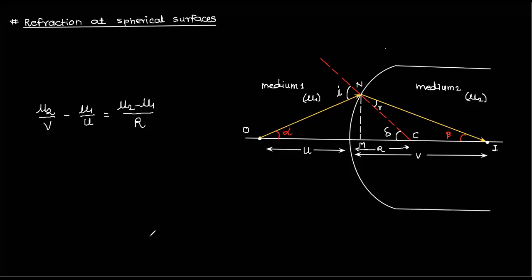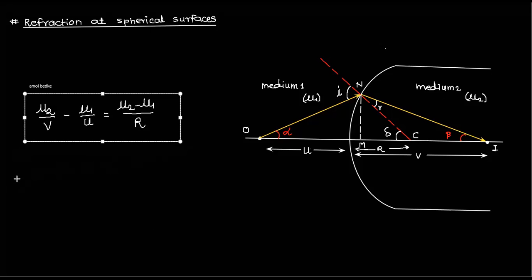This is the formula which is very useful for refraction at spherical surfaces, where u is the distance of the object from this curved surface, v is image distance, r is radius of curvature, mu 1 is refractive index of the first medium, mu 2 is refractive index of the second medium. No need to derive this because nobody is going to ask you this in any exam. You just have to solve the problem.